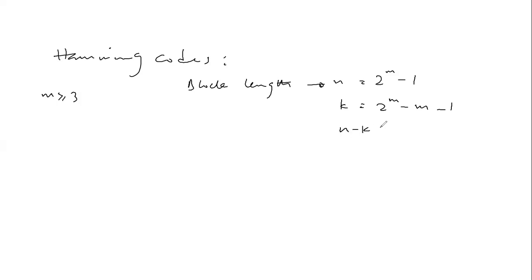So we have some properties. For the block length, we have the integer m greater than or equal to 3. The block length n is 2 to the power of m minus 1. Then the message bits k is 2 to the power of m minus 1 minus m. And then the parity bits n minus k is the same as m, okay?